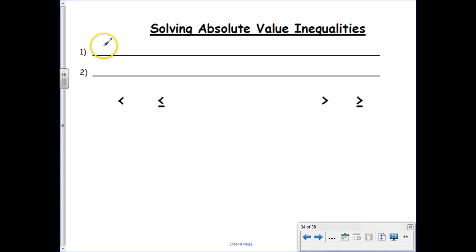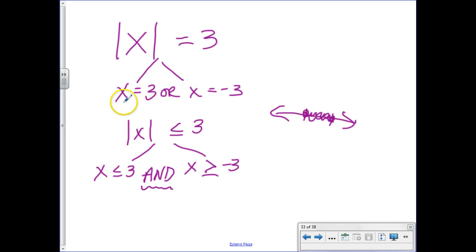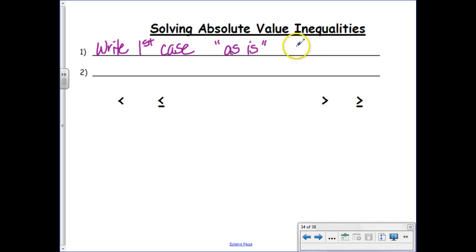And the first thing you do is write the first case, and I'm just going to say as is, meaning like we did in this one right here, your symbol is the same and the number value was the same. So in other words, the inequality and the number stay the same.